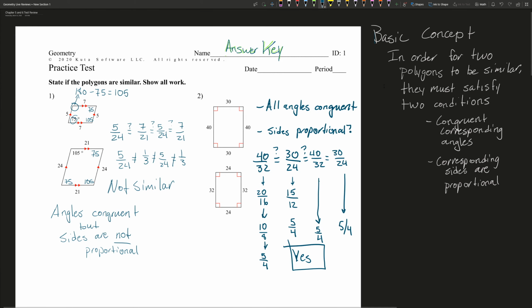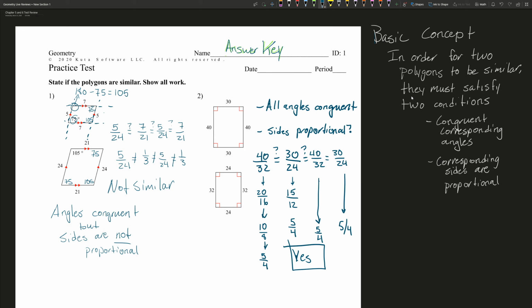Again, the two basic concepts here: in order for two polygons to be similar, corresponding angles must be congruent and corresponding sides must be proportional. So number one, we had to do a little bit of maneuvering to find these angles. These are two sets of parallel lines cut by a transversal. So they end up all being congruent.